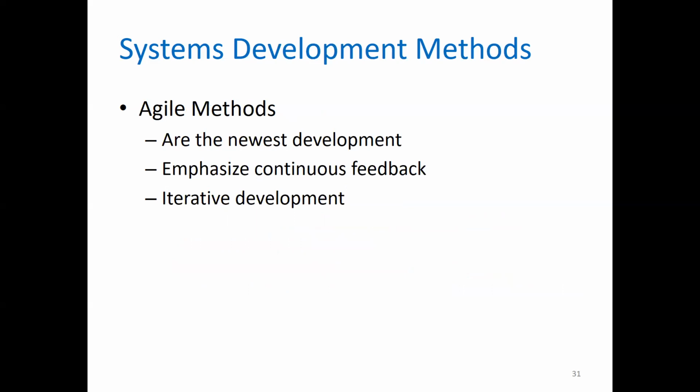Agile methods are the newest development, emphasizing continuous feedback and iterative development. The agile method is basically an SDLC approach whereby the system is designed and circulated around the organization for continuous feedback.